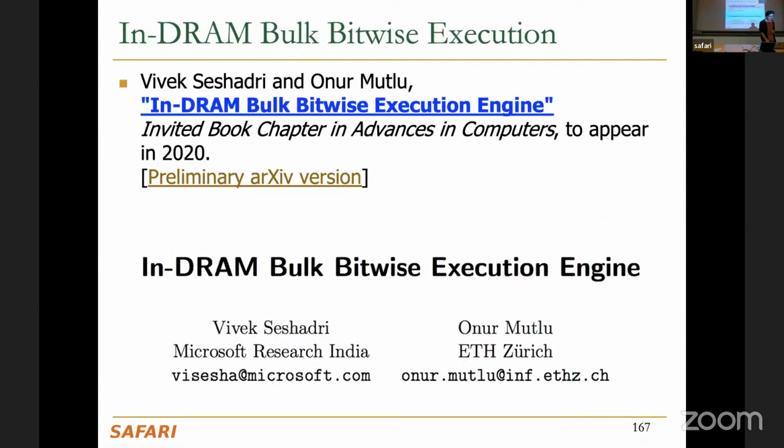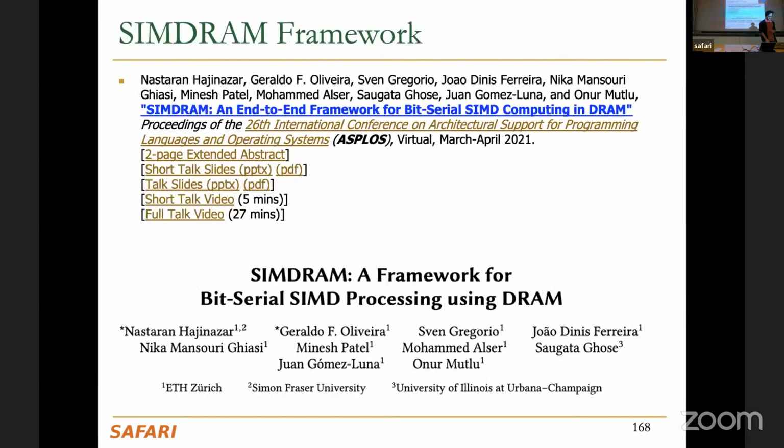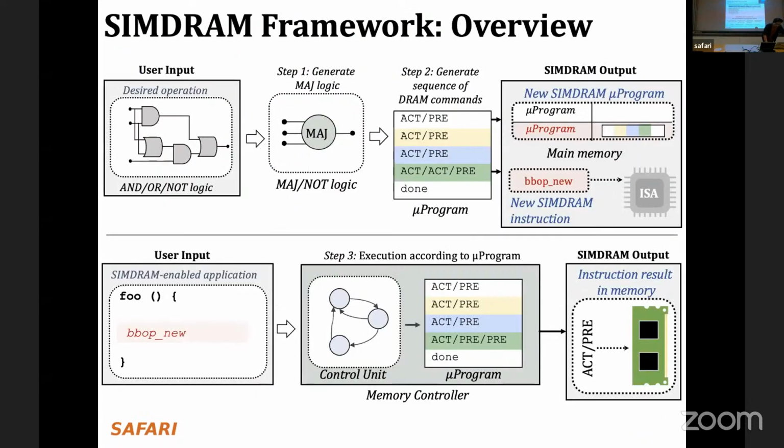And this is the link to the paper, and this is a book chapter, an extended one, that is based on the Ambit paper as well. And this is the SIMDRAM framework that I mentioned as containing this discussion about RowHammer.